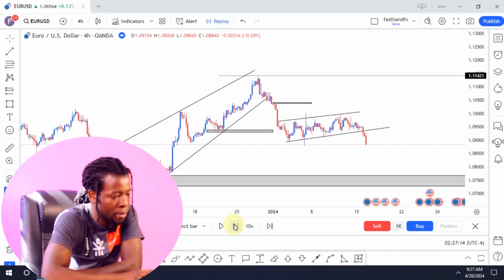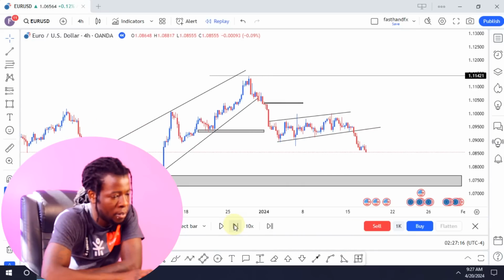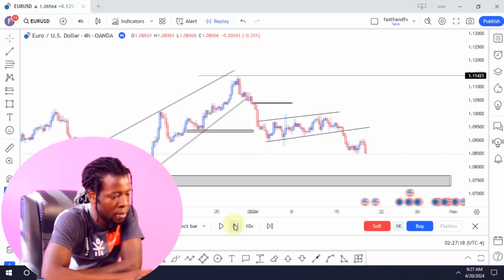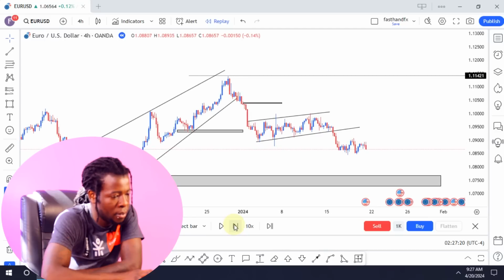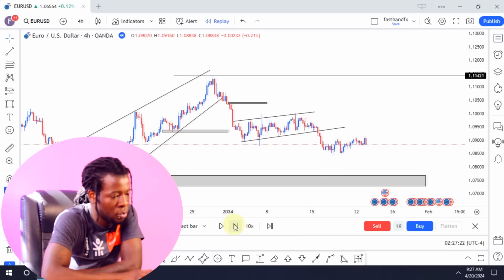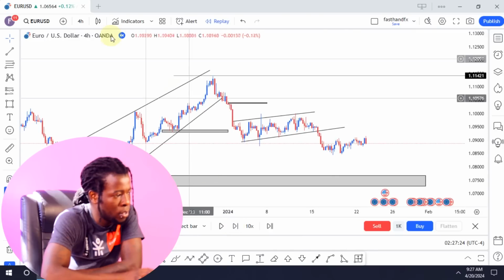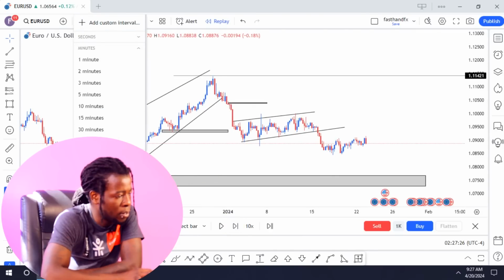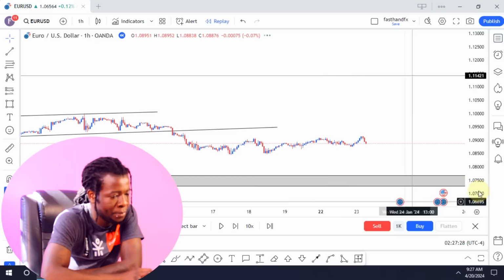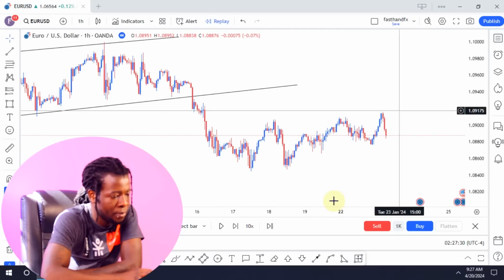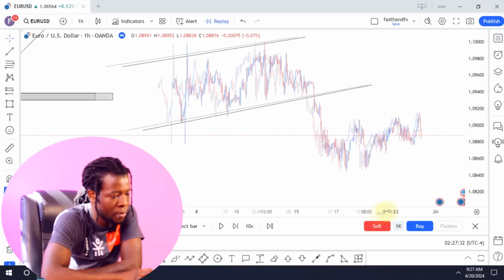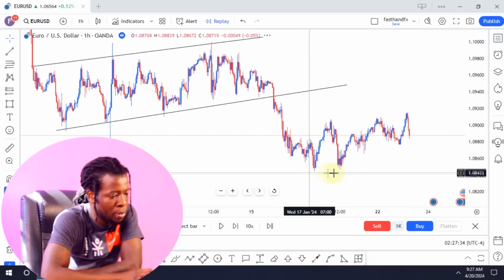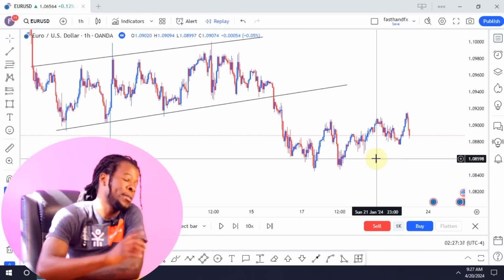Does that break? Let's see what the market was doing on the lower time frame. Okay, there's this double bottom right here. Guys, I don't like what I'm seeing, so I'll stop right there.